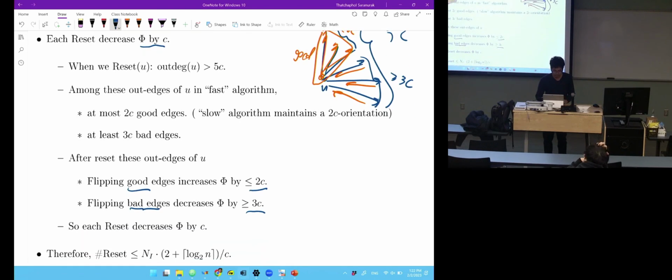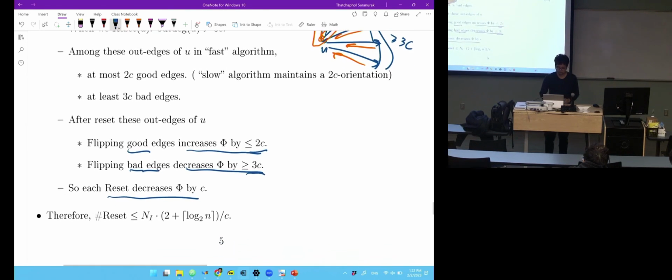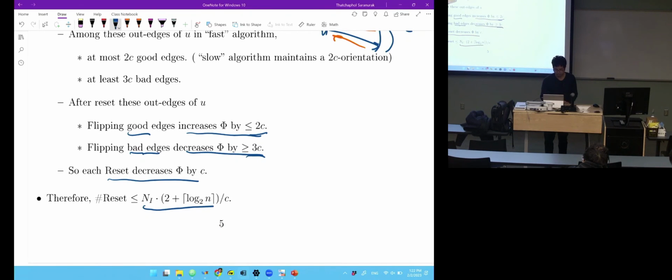So you decrease by at least 3C and increase by at most 2C, so the total decrease is at least C. That's why this is the total increase, but each reset will decrease it by C. So the number of resets is at most this over C. So that completes the claim.